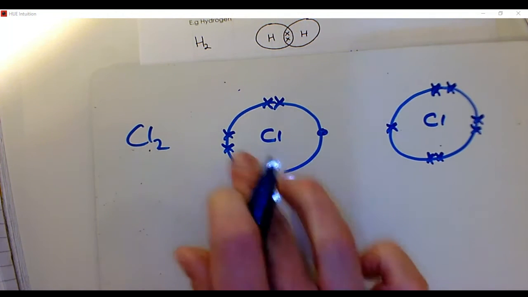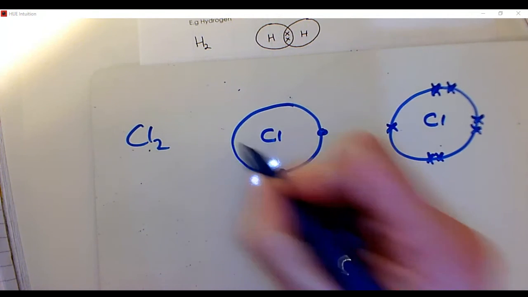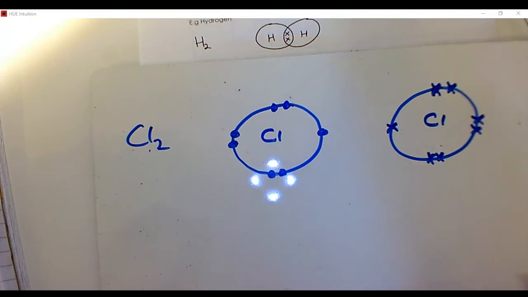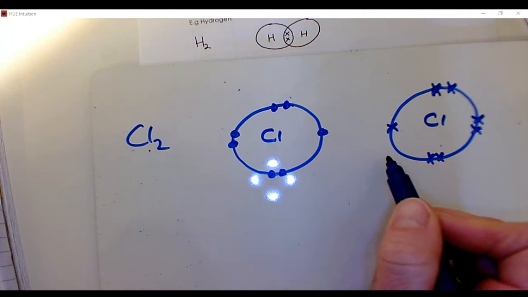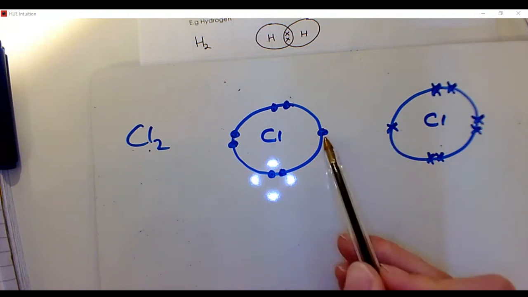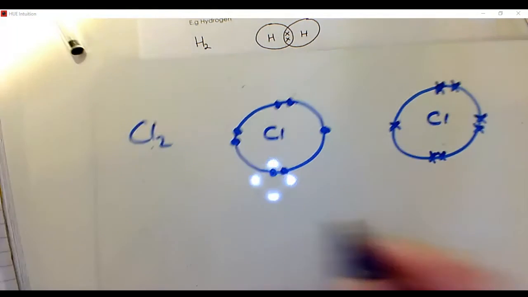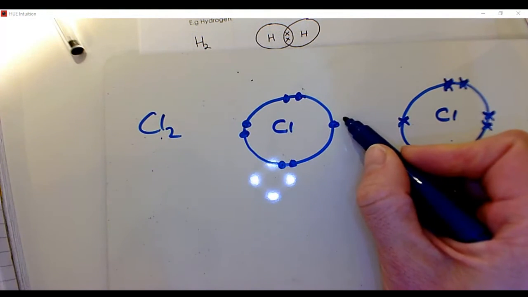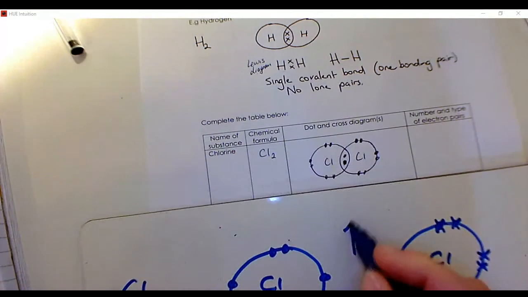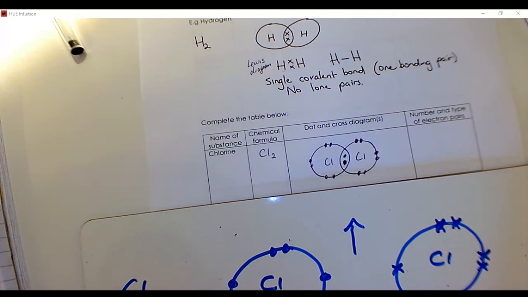It consists of 2 chlorine atoms. I said there can be no unpaired electrons, so the unpaired electrons are going to be shared so that they become a pair. And then you end up with this. I'm afraid I have been inconsistent with my dots and crosses, but remember, they all represent electrons.